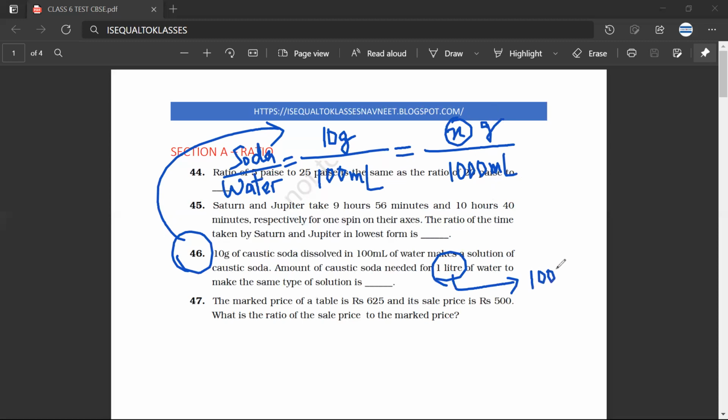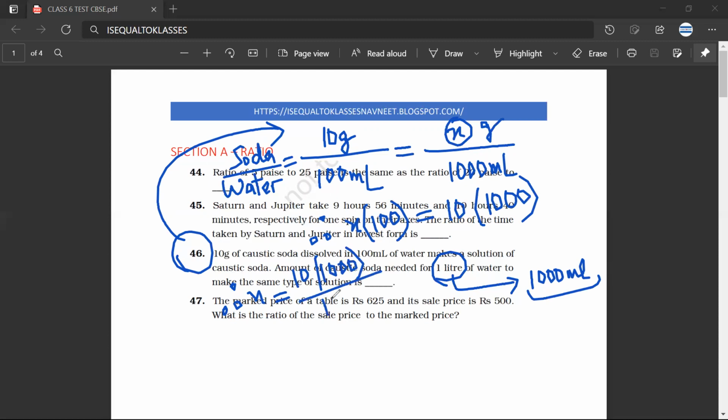So 10 into 10 is 100, 100 into 10 is 1000. So we require 100 grams of caustic soda for 1 liter. Mr. Sarthak, any doubt? No. Is it correct? Yes, sir.